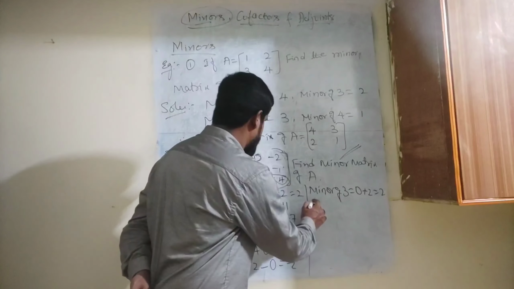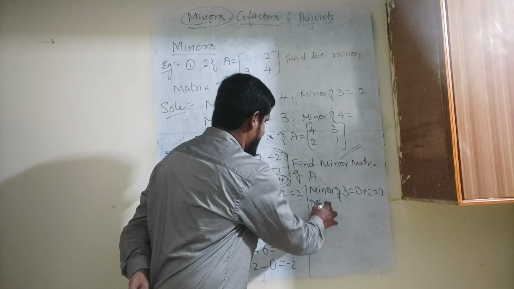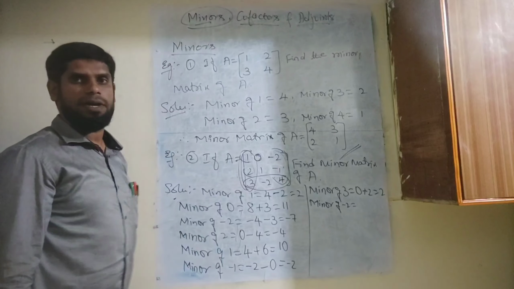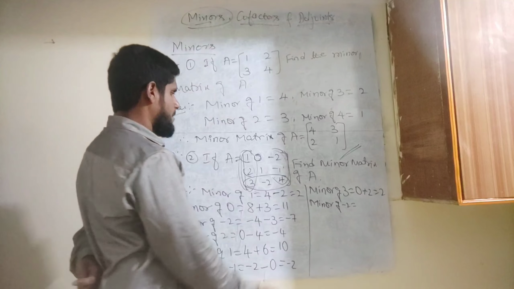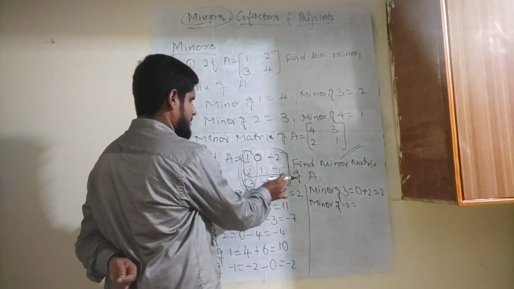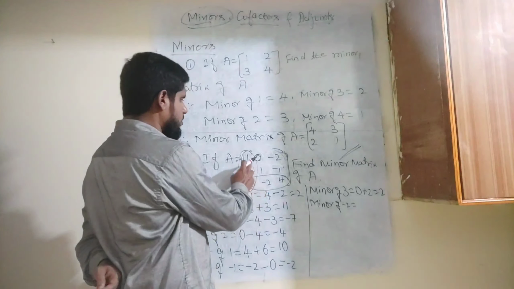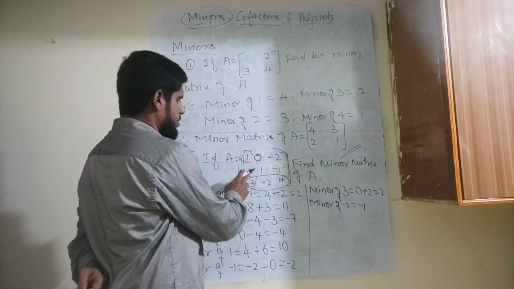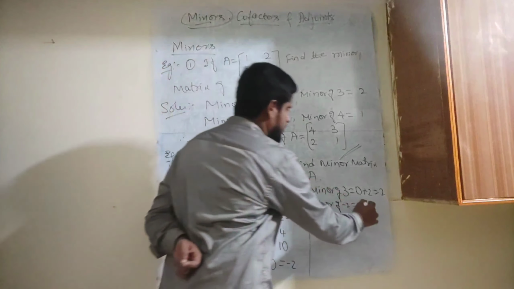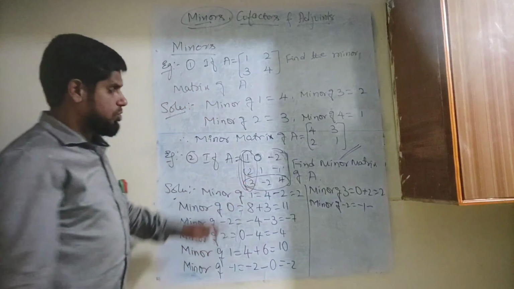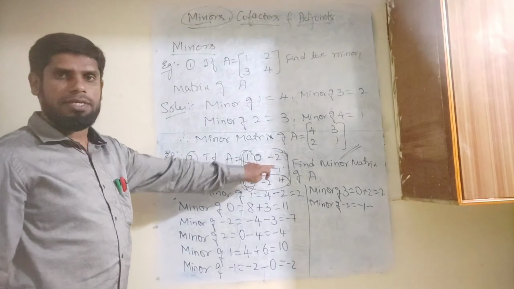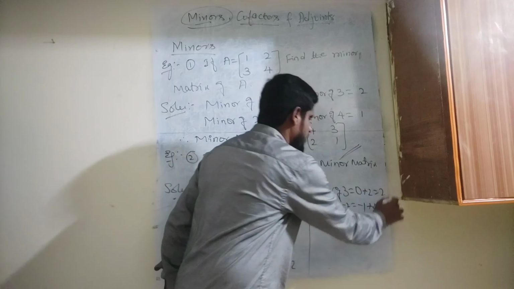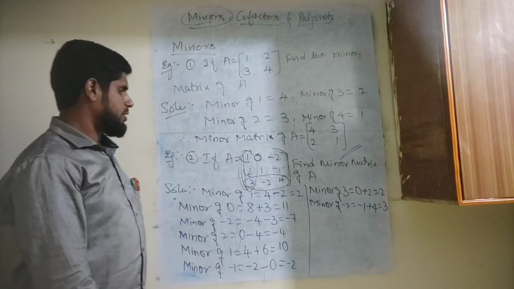Next, minor of −2. Minor of −2 is equal to 1 into −1, −1, then minus into minus, 2 into −2 is −4, minus into minus it's plus 4, finally it is 3.